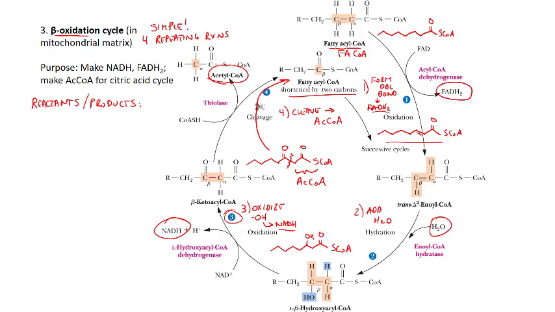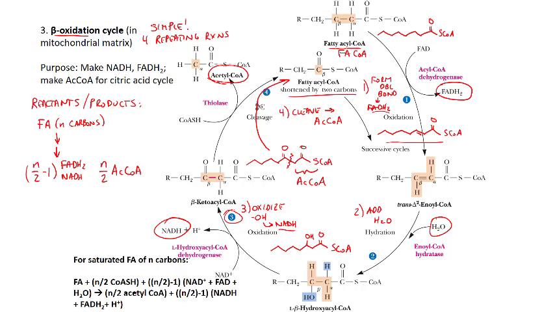So that means that from our fatty acid of N carbons, we end up generating N over 2 minus 1 FADH2 and NADH, and we generate N over 2 acetyl coenzyme A. Or if you prefer the full notation, there it is down at the bottom left.